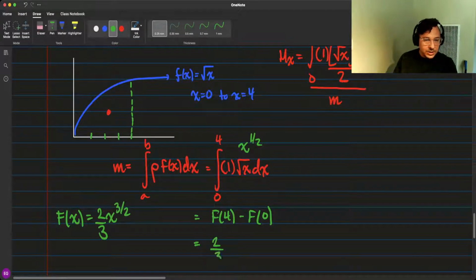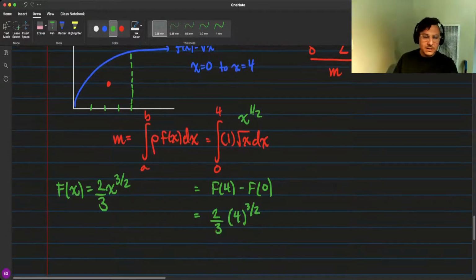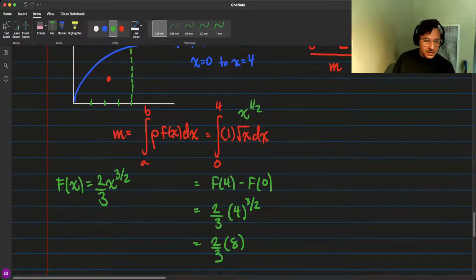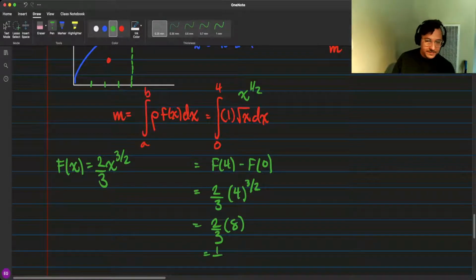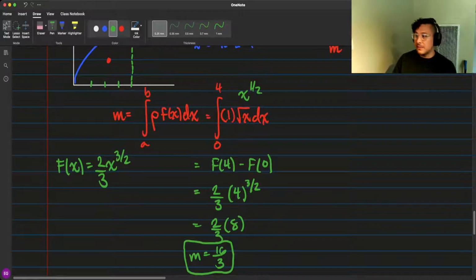You're going to get 2/3 times 4 to the 3/2. 4 times 4 is 16, 16 times 4 is 64, and the square root of 64 is 8. So that's going to give us 16/3. Okay, so you've got your mass.